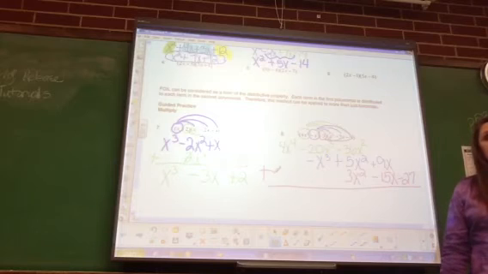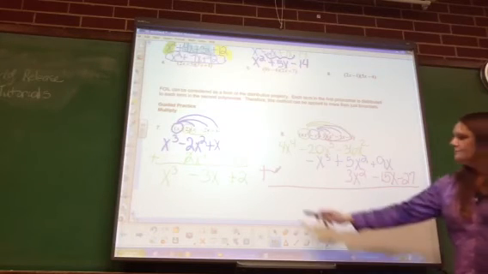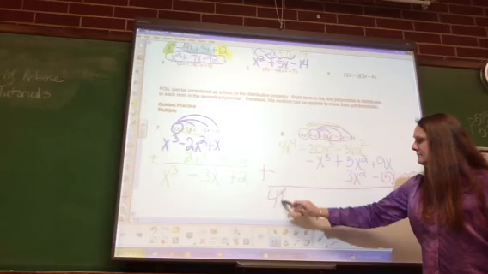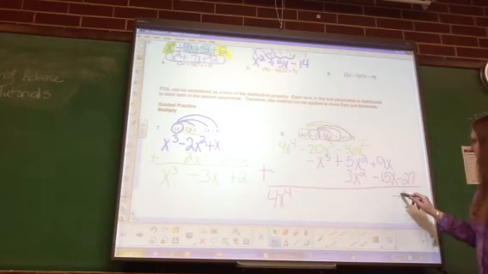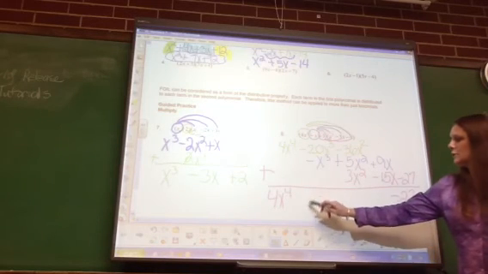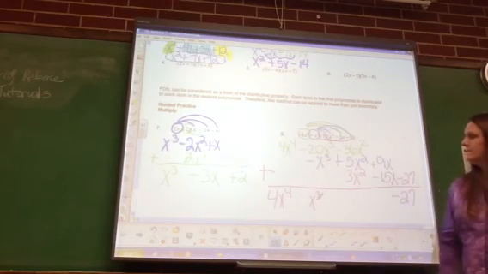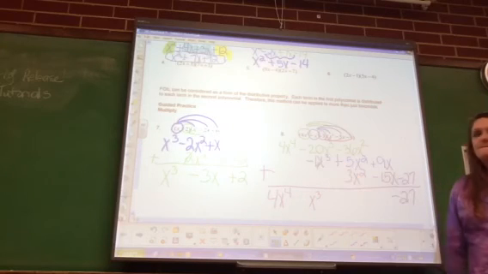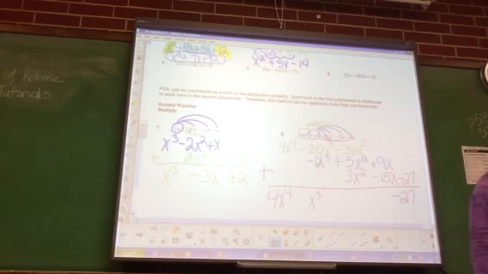And so we want to combine our like terms. Those 2 don't have anything to go with them. But how many x cubes do we have? It's negative 20 minus 1.